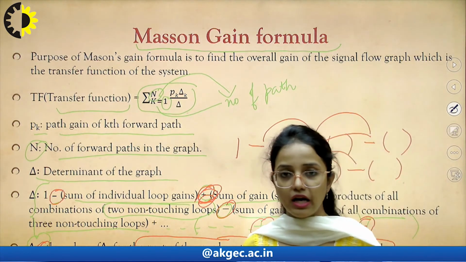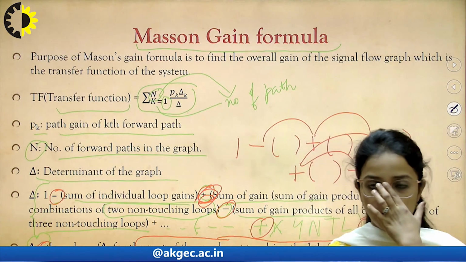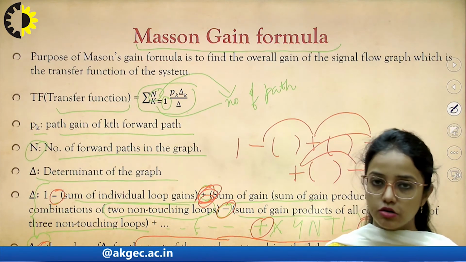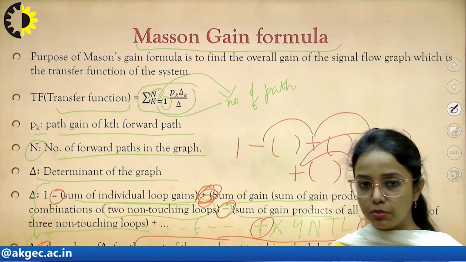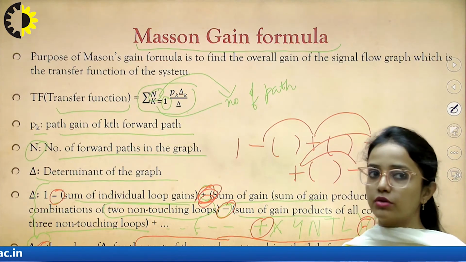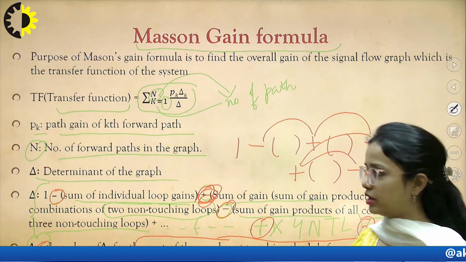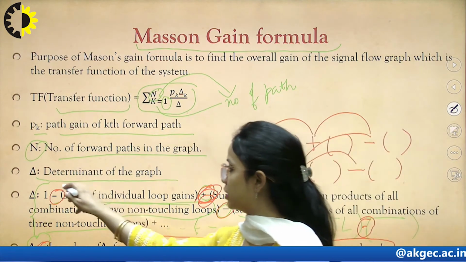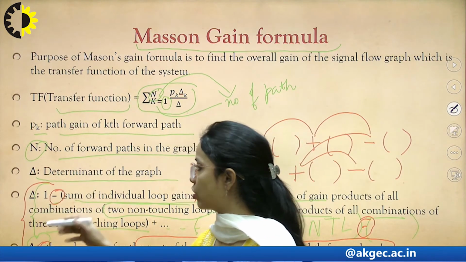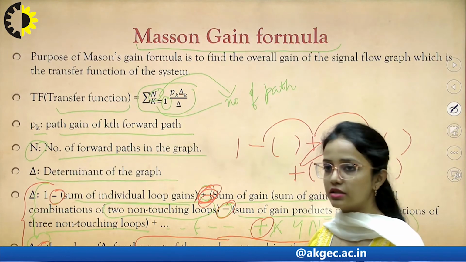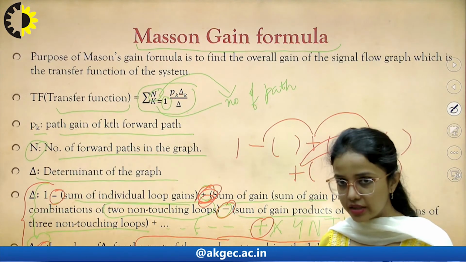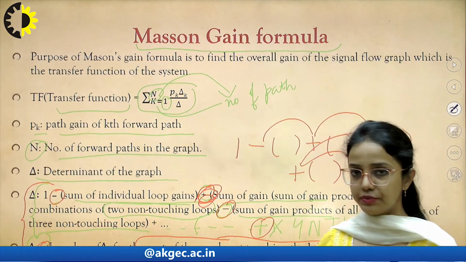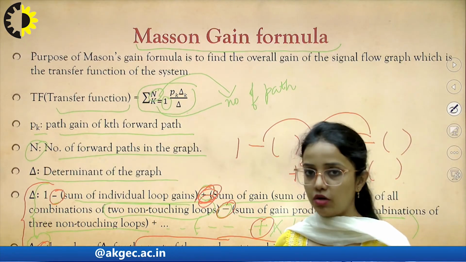The del k value will be derived from del only, but we have to exclude all those loops and products that are touching the kth forward path. So there is nothing to worry about in this complex representation. It will be easier and understandable when we directly enter into problem solving.